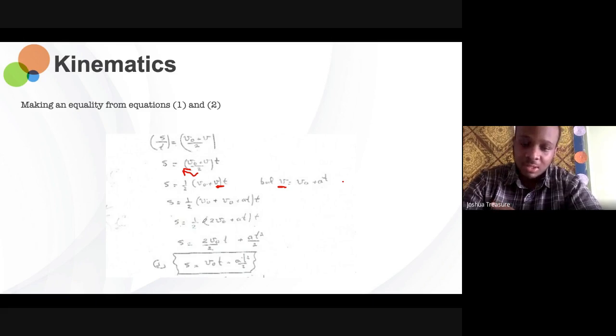Now, if we take this 2 outside of the equation, say we expanded the equation and multiplied both quantities, v0 and at, by half, we would get this 2 v0 over 2.